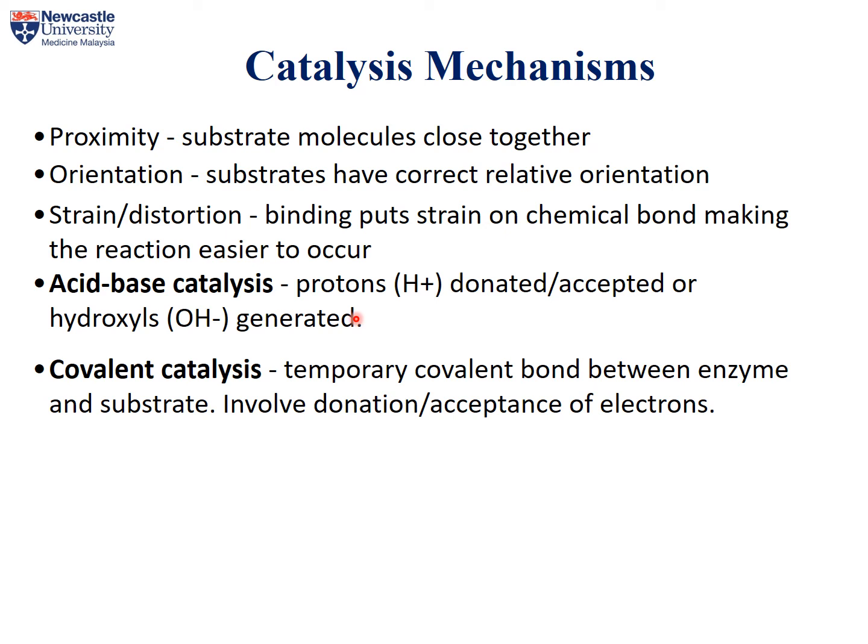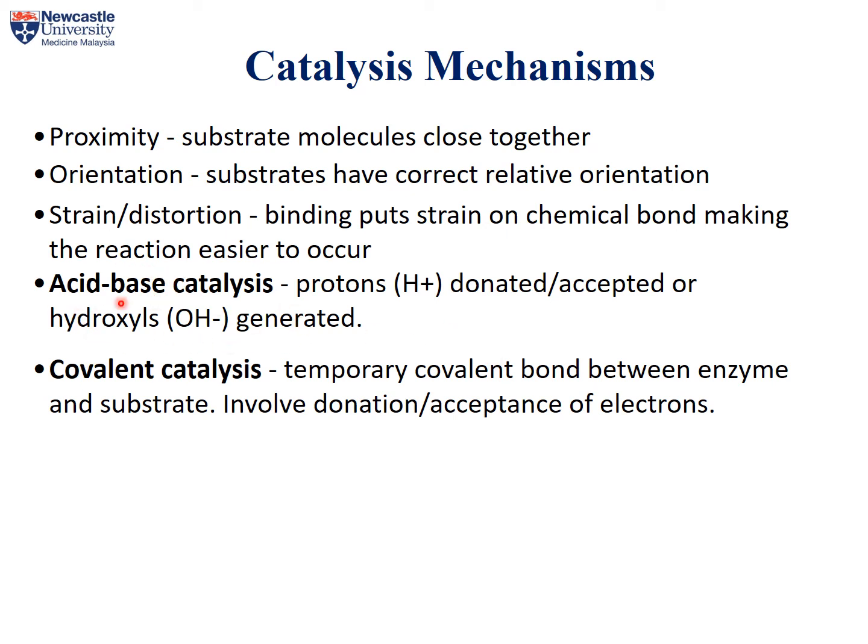So there are actually two general types of enzyme catalysis, either an acid-base catalysis or a covalent catalysis. So in the acid-base catalysis, one amino acid will serve as a weak acid that donates proton, while another amino acid residue will act as a weak base that will generate hydroxyls.